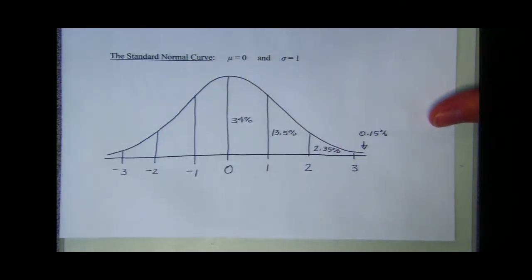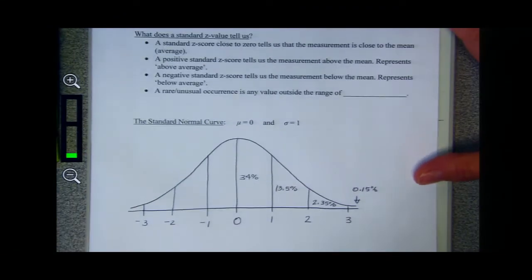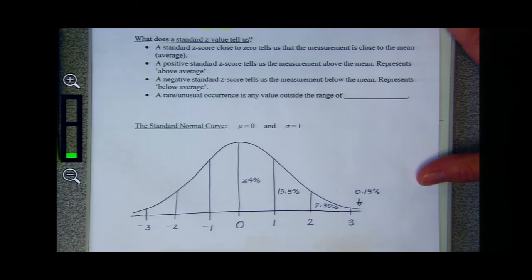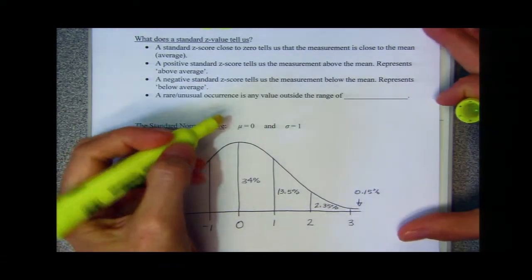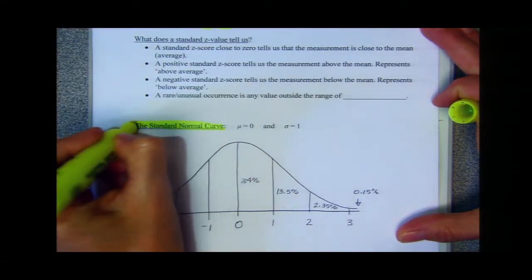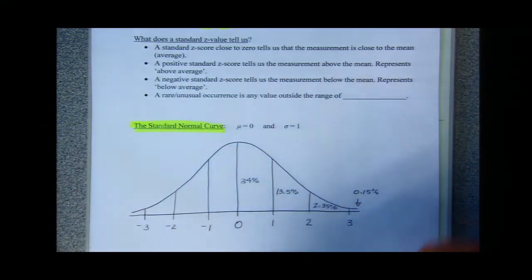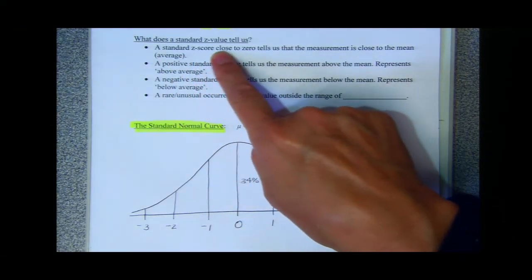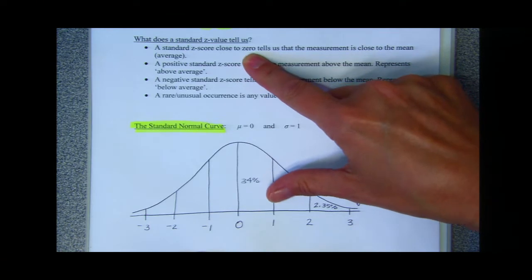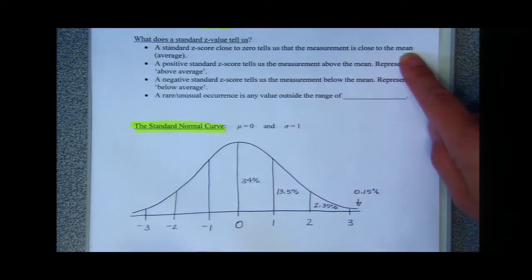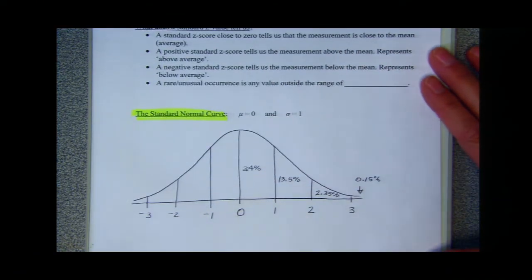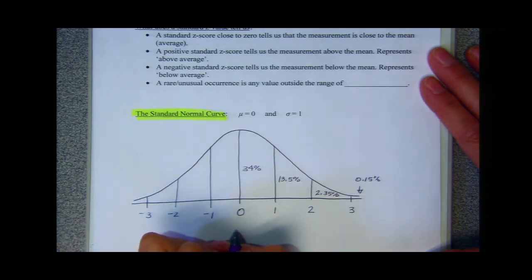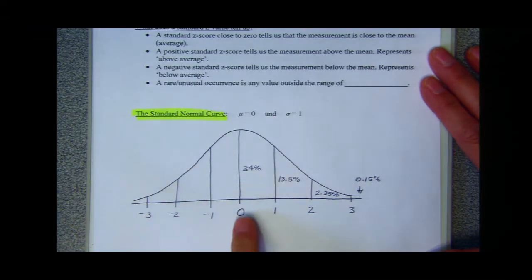All right, so now let's go back up here. It says, what does a standard z-value tell us? Remember, a z-value tells you how many standard deviations away from the mean you are. So a standard z-score close to 0 tells us that the measurement is close to the mean, because recall that what cuts it in half is mu, so anything close to 0 tells me I did close to average.